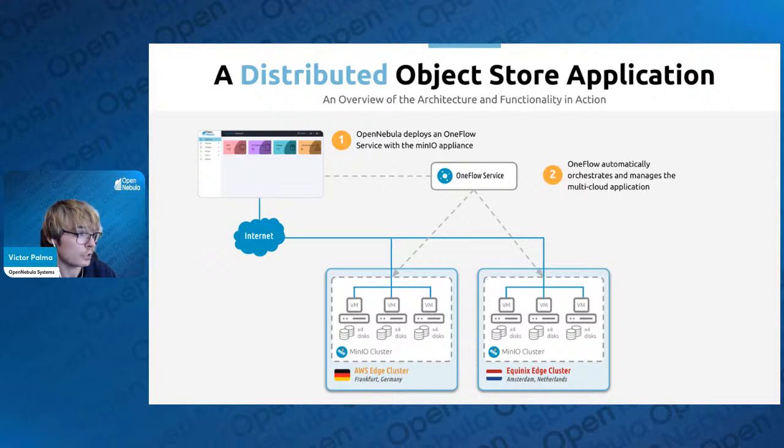We are going to deploy a OneFlow service application. OneFlow is the service that OpenNebula uses for multi-VM applications, and we are going to see how this can be managed in a very simple way from the same portal. So let me share my screen.